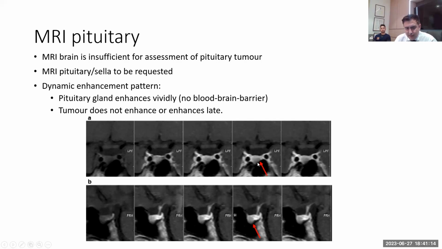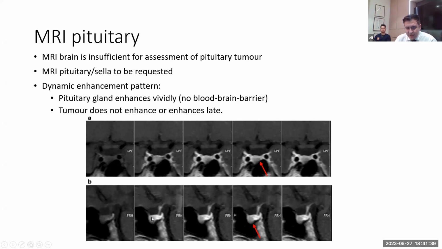Sometimes you can have just one image taken, sometimes you can take a series of images after a few minutes. This is a more dynamic study, and you see the pituitary gland itself over here, quickly taking up the dye because there's no blood-brain barrier, the tumor being more necrotic and less vascularized, taking it up less or later.